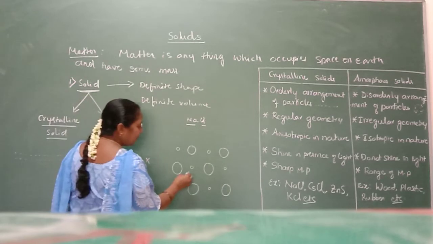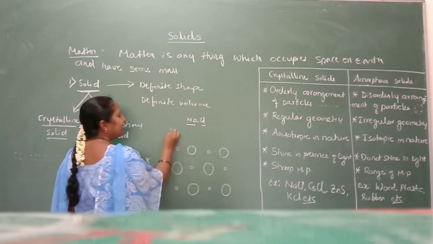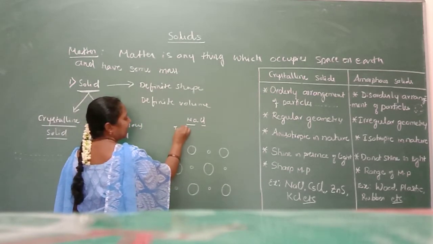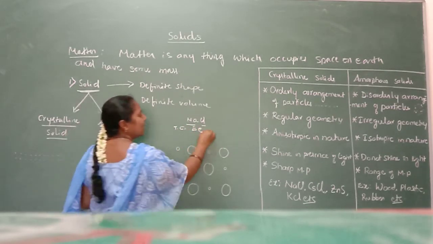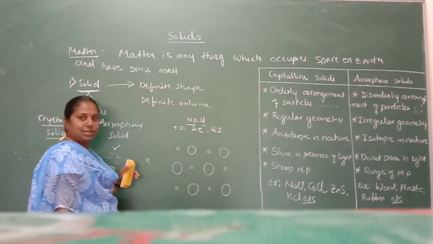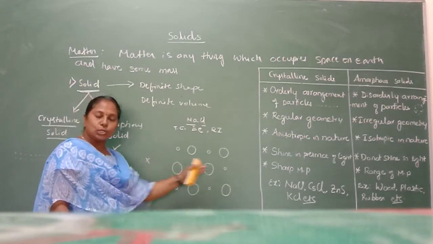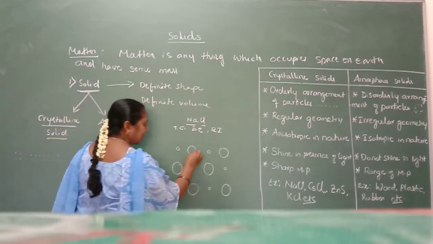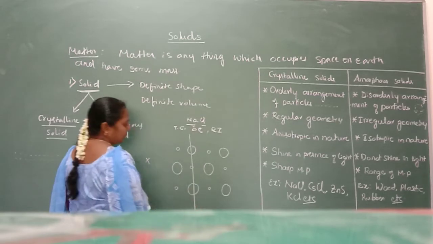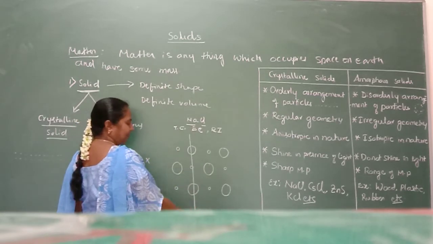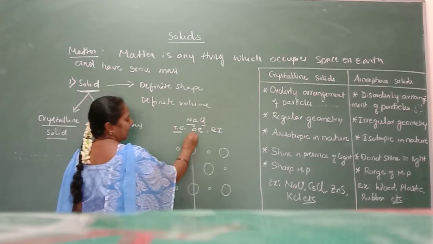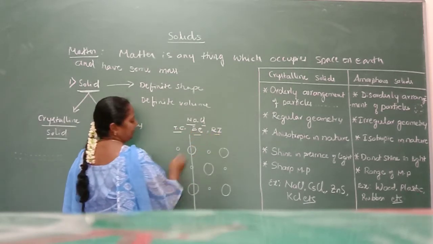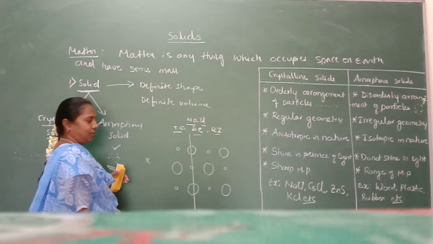If we calculate physical constants like thermal conductivity, electrical conductivity and refractive index in different directions through this crystalline solid, we go along one line and calculate the thermal conductivity, electrical conductivity and refractive index along this direction.